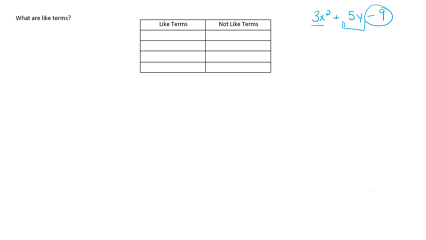We can combine things that are like terms. Sometimes people call it collecting like terms. It means to add or subtract them together.